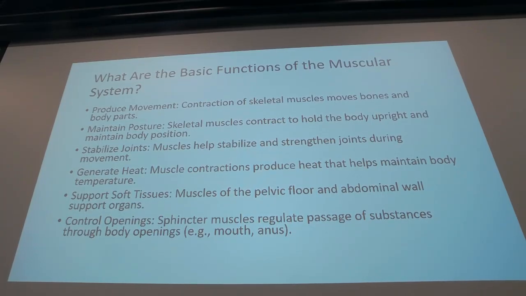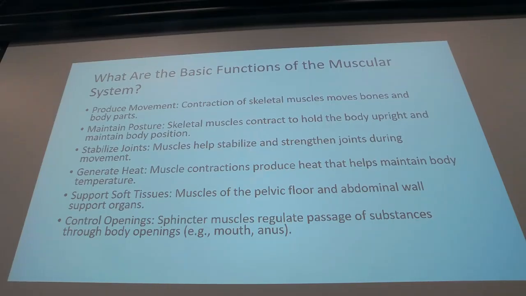And then they generate heat. We have our muscles that have receptors for a hormone that is called thyroid hormone that increases the metabolism of the cells in our body. And through this metabolism, we generate heat. And that heat is important for driving chemical reactions in our body.